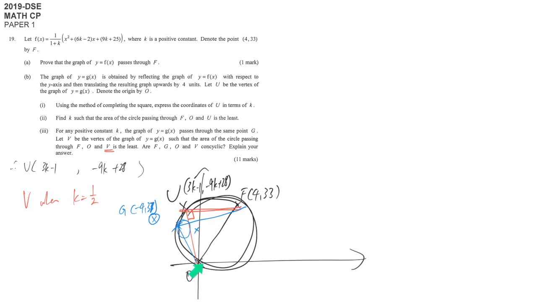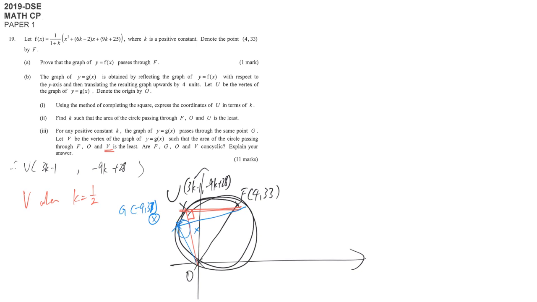Or in other words, because you know that OF is the diameter of this smallest circle, you may find the midpoint, which is the center, and also find the radius. And then you find the equation of the circle and test whether this point lies on the graph. But of course, the first method is most straightforward. You just need to calculate the slope of OG while we have the coordinates already.